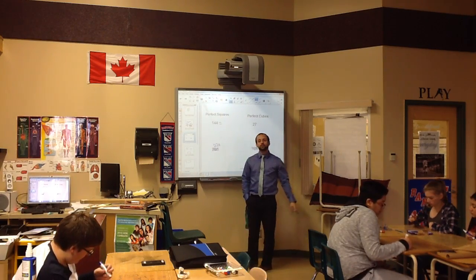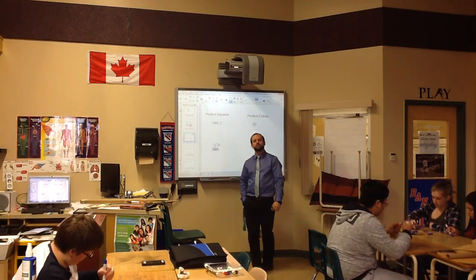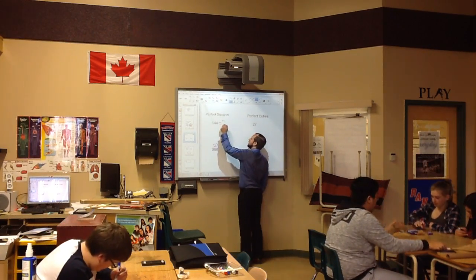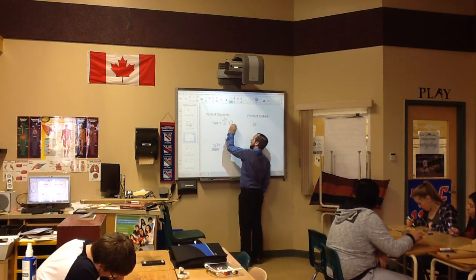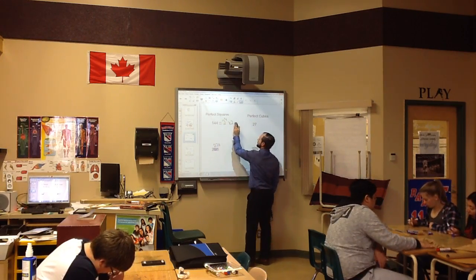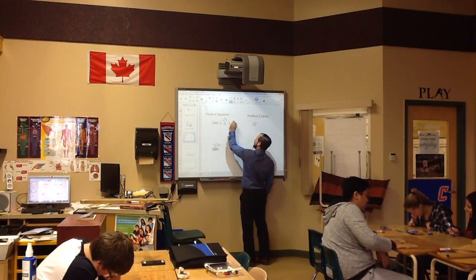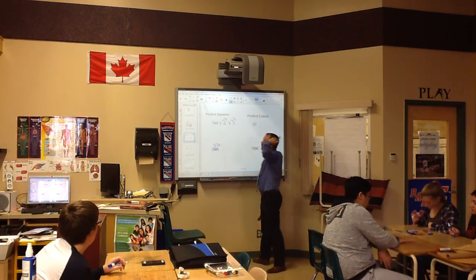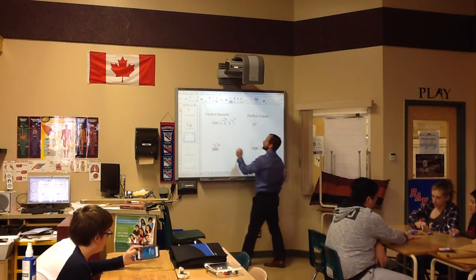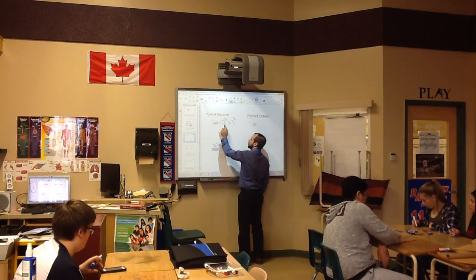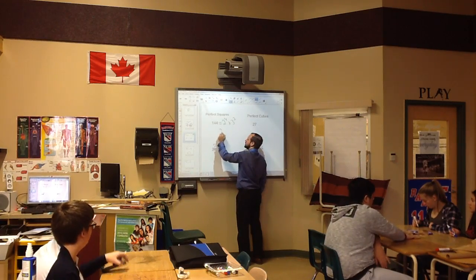When you do your factor tree, what does it break down to? 2 to the power of 4 times 3 to the power of 2. How many groups of 2 can I make from 2 to the power of 4? How many groups of 2? 2, 2 squared.